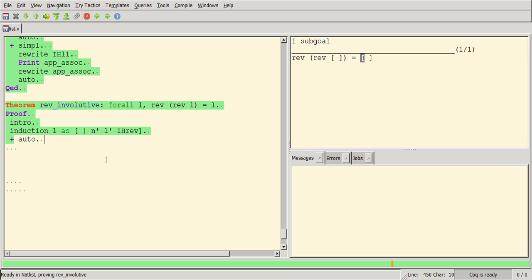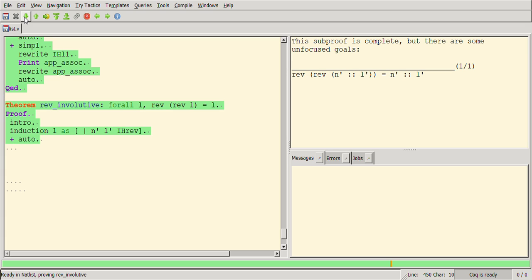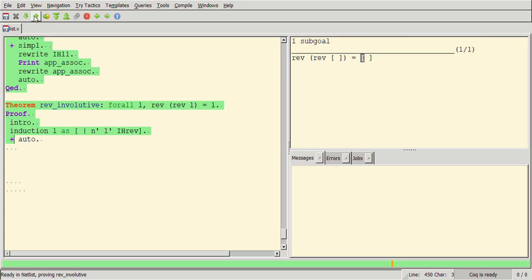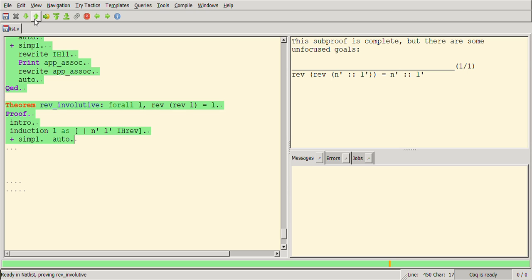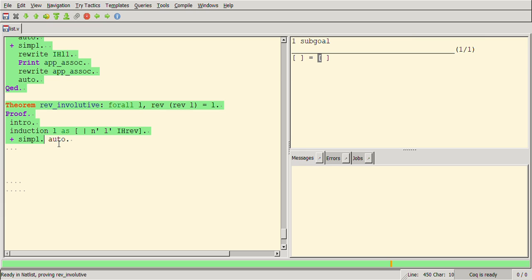So null would be achieved on both sides. Auto does this in one go, but we can simplify it first and then solve it. But if we directly use auto, that is also sufficient.